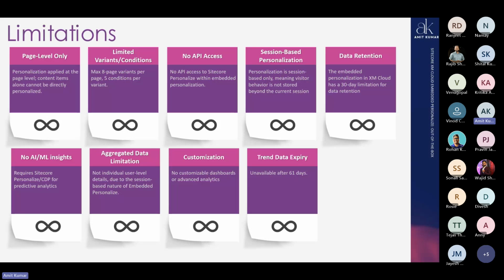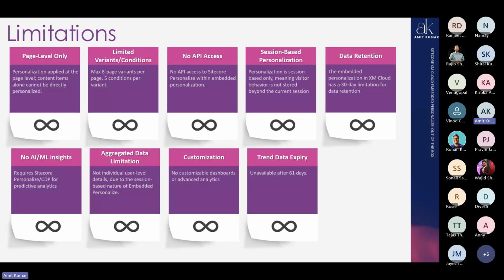There are data aggregation limitations, and you cannot push any custom conditions from outside or create any custom segmentation here. Like in XP, when you are doing email campaigns, you can decide that if a user belongs to or visited this page and is of a certain age, you are creating customer segmentation.